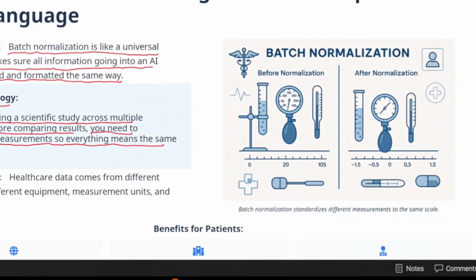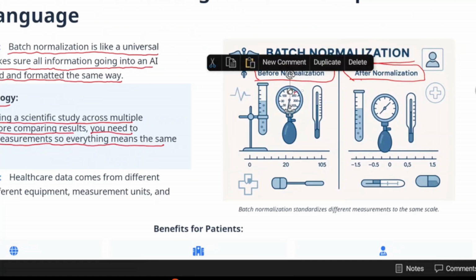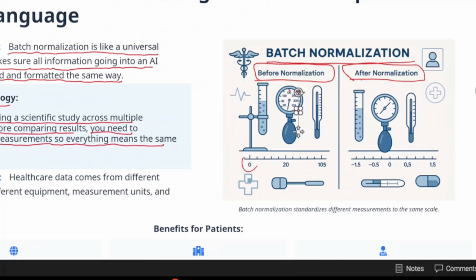So let's look at this image as an example of batch normalization. Before normalization and after normalization, you see all these numbers here. Okay, you see all of these numbers here, and you have a 0 to, let's say, 105 perhaps, right? And I'm not going to suggest what they signify, but just to give you an idea.